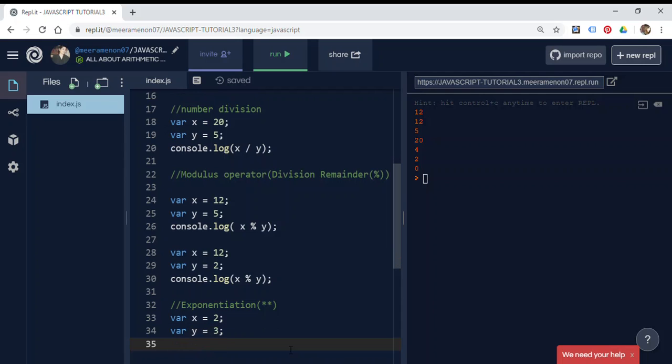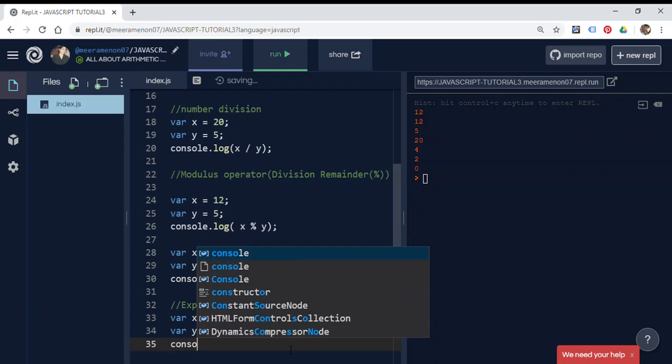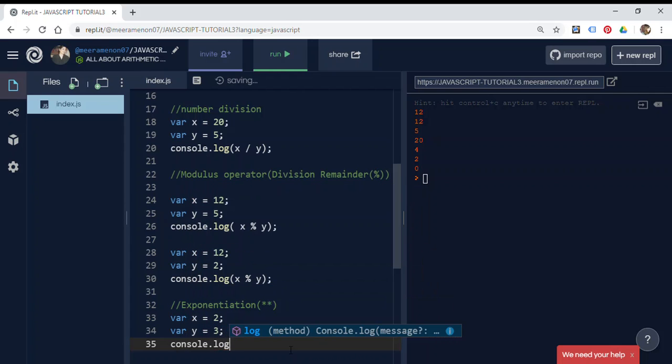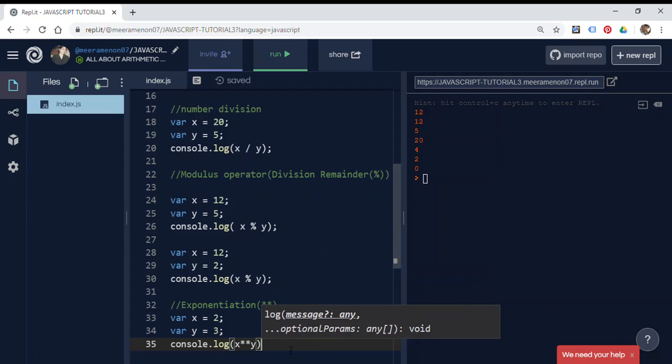Okay, so this is a symbol for that, so you have to do this twice. So this is something like x to the power y.